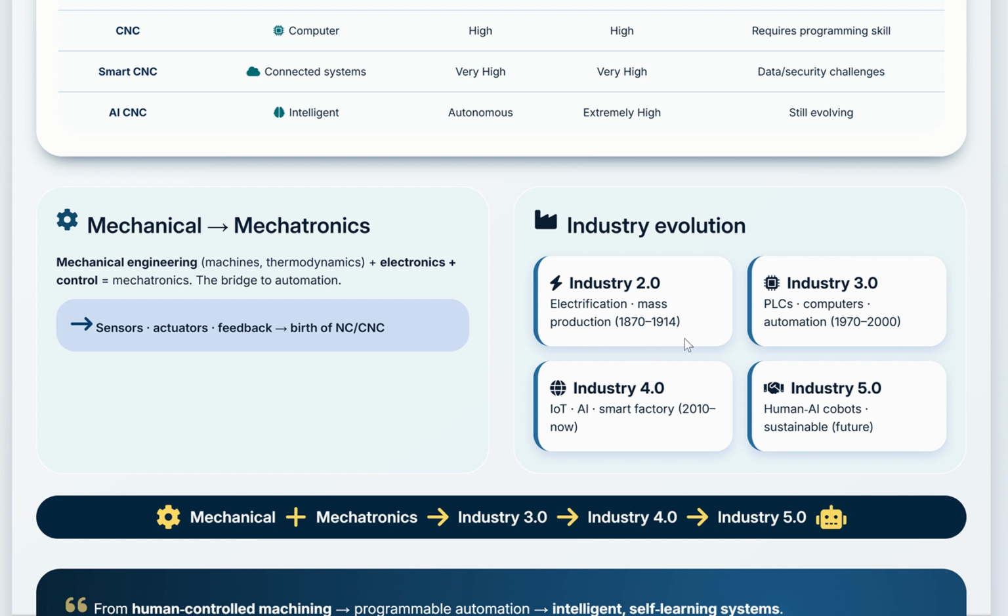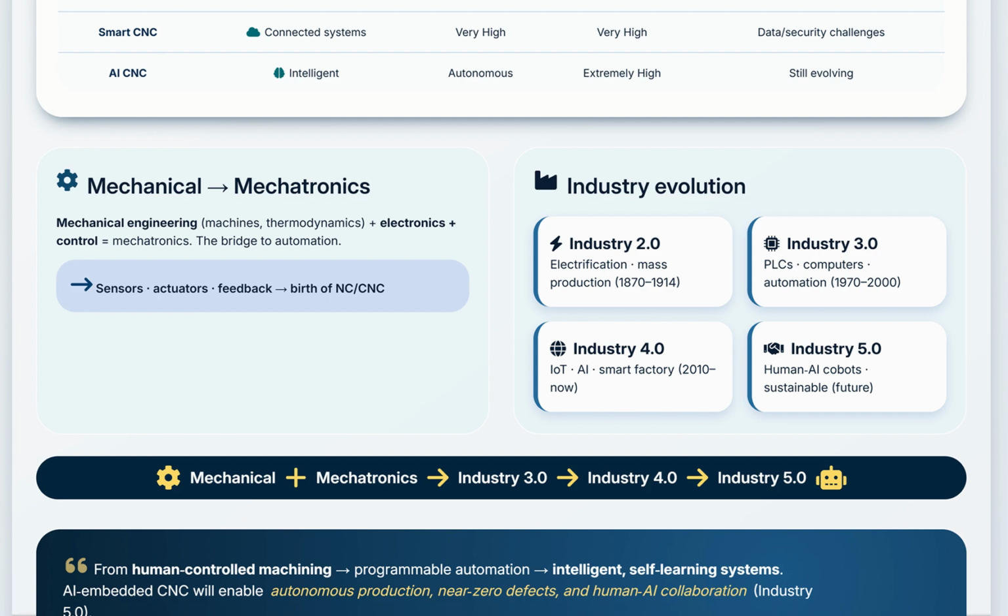Then we came to industrial 3.0, with the evolution of computers and PLCs, programmable logic controllers, which created industry 3.0 between 1970 and 2000. From 2000 and beyond, we have the Internet of Things and artificial intelligence. This is a smart factory where you even use robots to automate your systems. This is what we call industry 4.0.